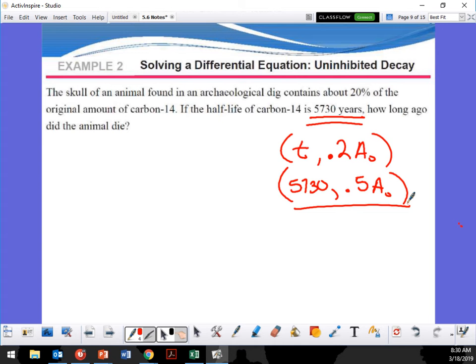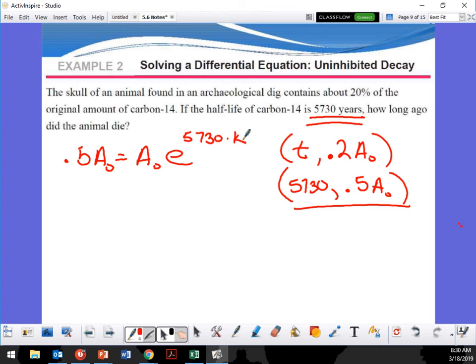So I know that 0.5 of A sub naught is going to be equal to A sub naught e to the 5730 times K. All right, is this getting pretty easy now?